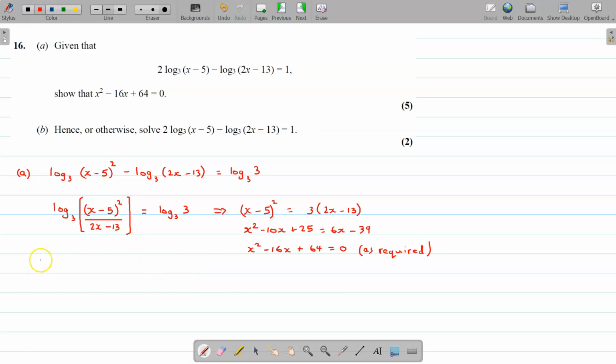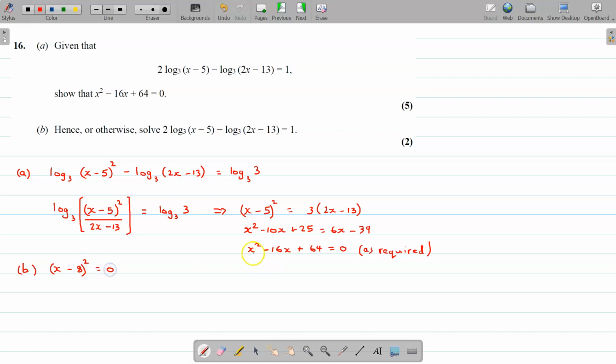Now, it says hence or otherwise. Well, that normally means hence. In other words, use what you've just done to solve this equation. Well, quite simply, I should recognise that from this, that is a perfect square. So x minus 8 times itself equals 0.